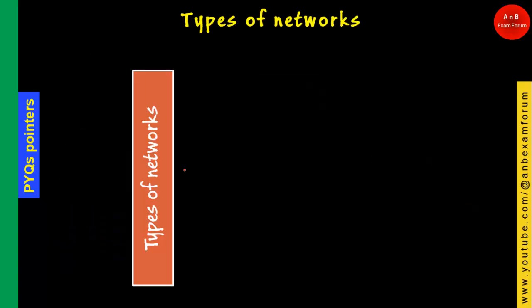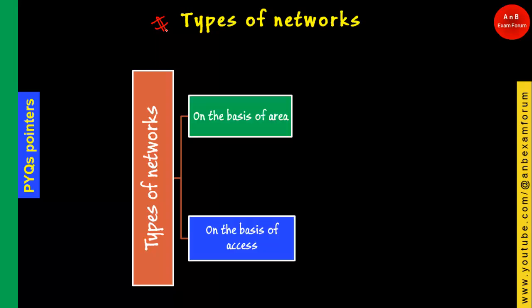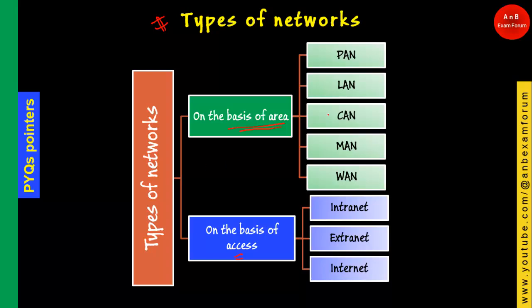now let's see the different types of network, and this is a very important topic from the exam point of view. Okay, so there are basically two classifications you can make. First is on the basis of area, coverage area basically, and the second one is on the basis of access. Okay, so on the basis of area, these are the different types of network that we are going to see. And on the basis of access, we have intranet, extranet and internet.